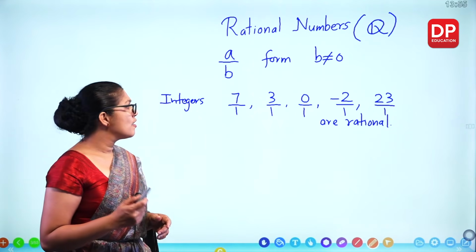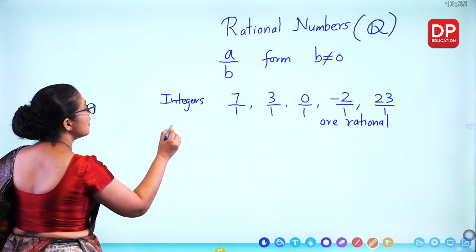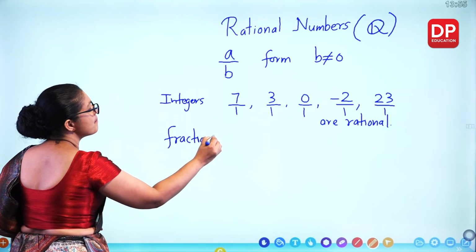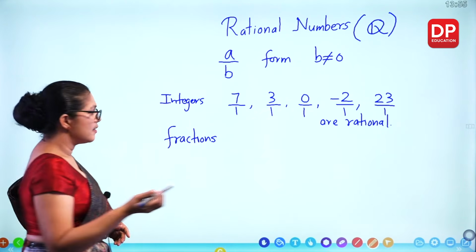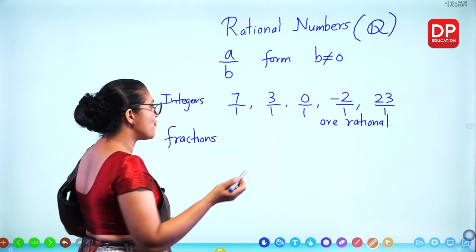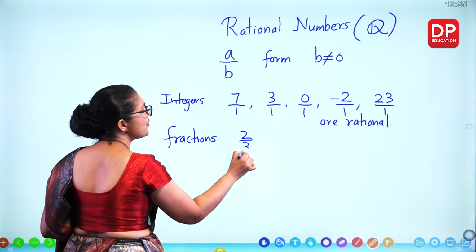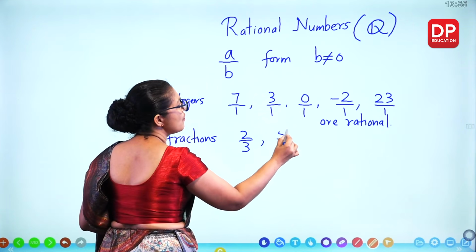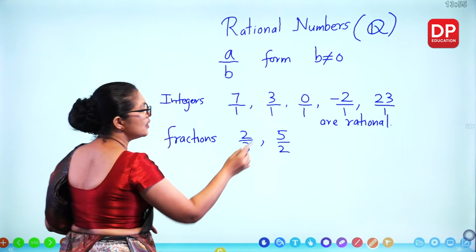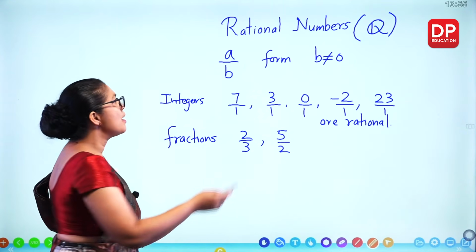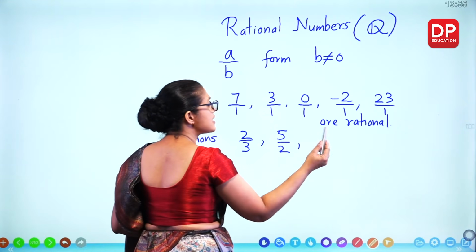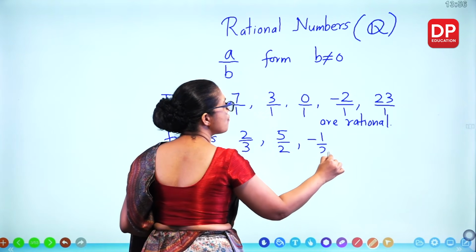Now we'll take fractions. Okay, improper fractions, proper fractions. I'll write 2 over 3. So we can write in this form. 5 over 2. This is an improper fraction, but we can write as a fraction. What about negative? Negative half.